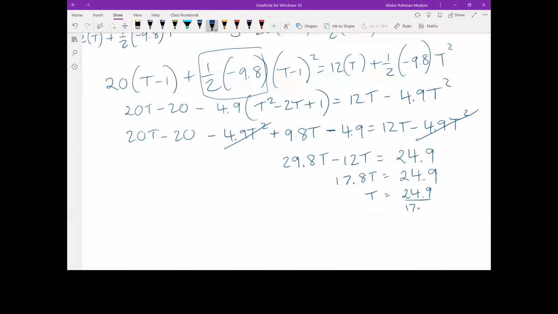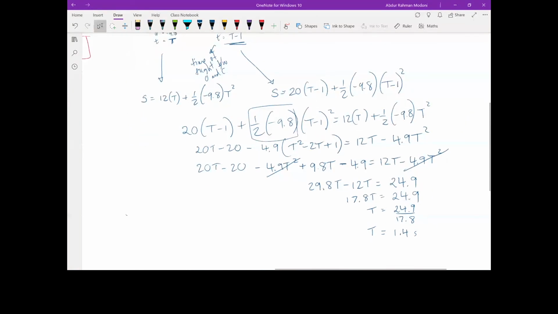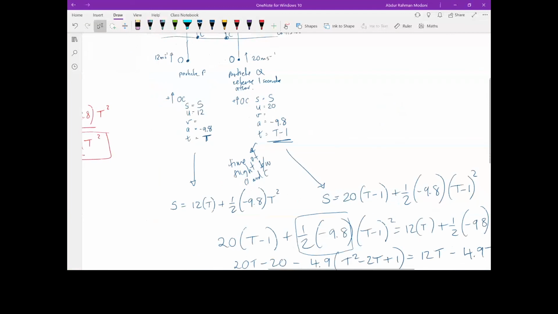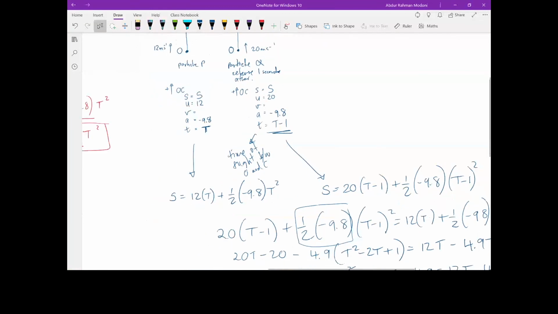What's that? 1.398, so 1.4 seconds to two significant figures. That is the time, uppercase T, i.e. the duration of flight for particle P, whereas the duration of flight for particle Q is that time minus 1, if you remember.